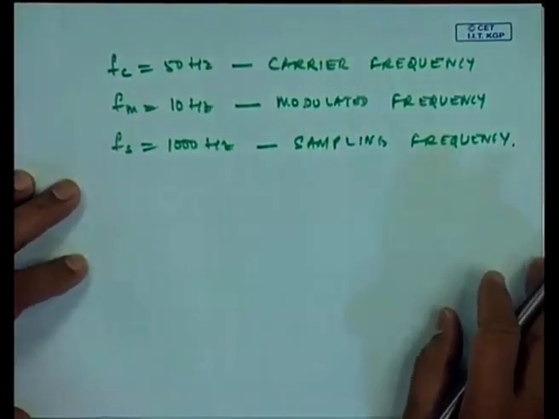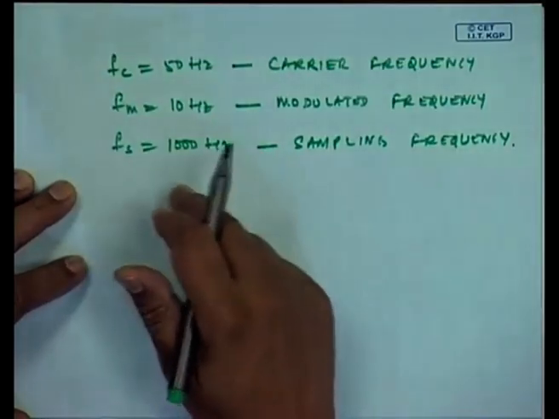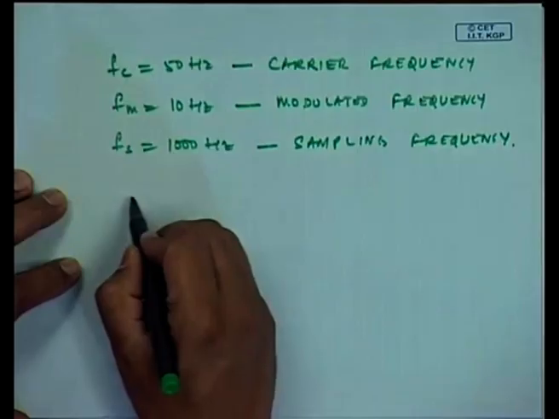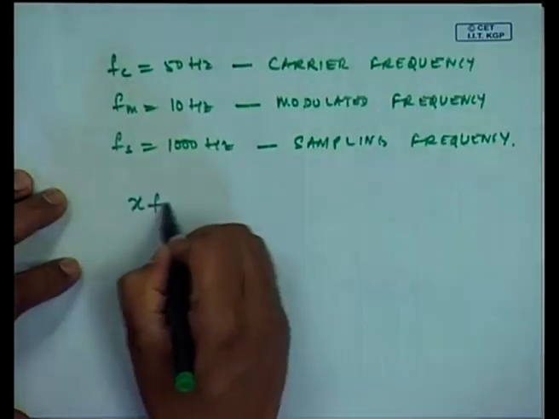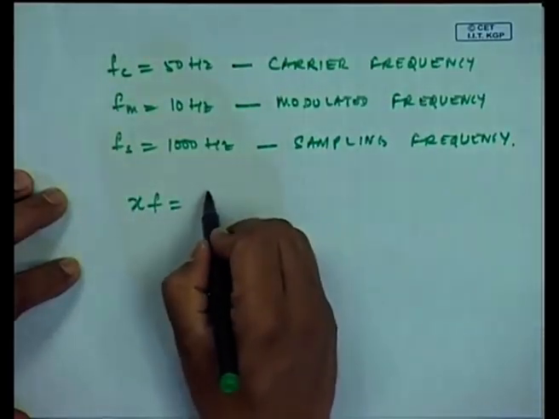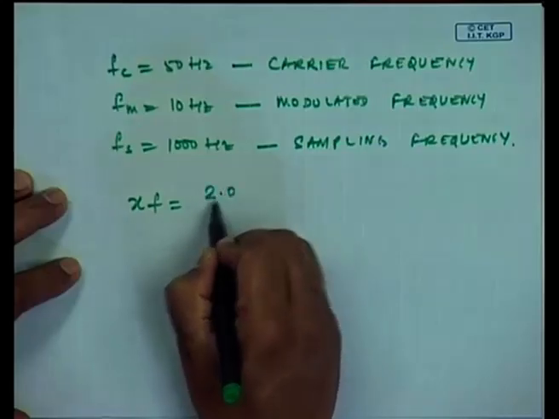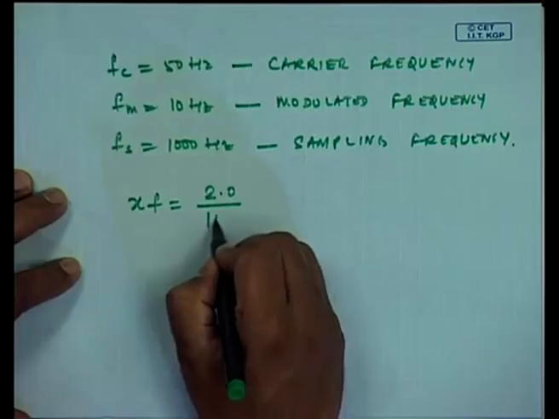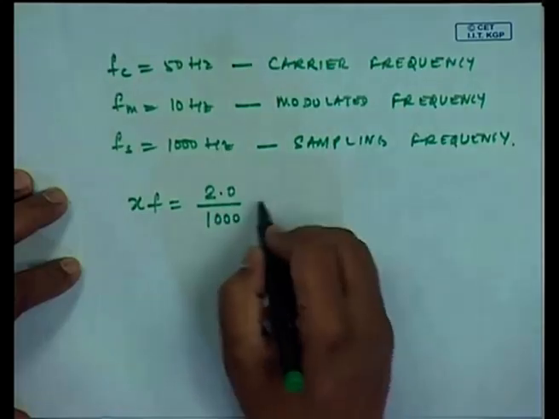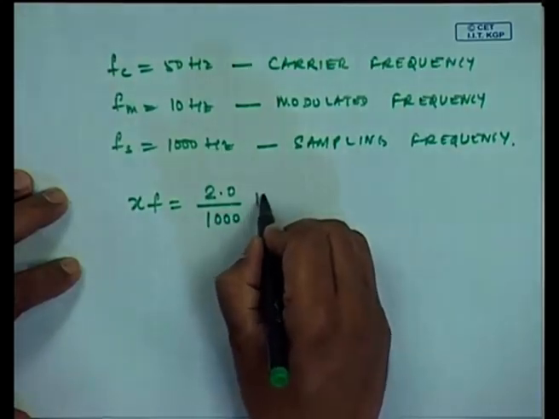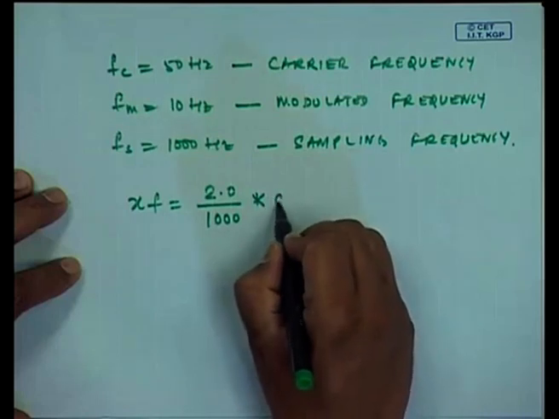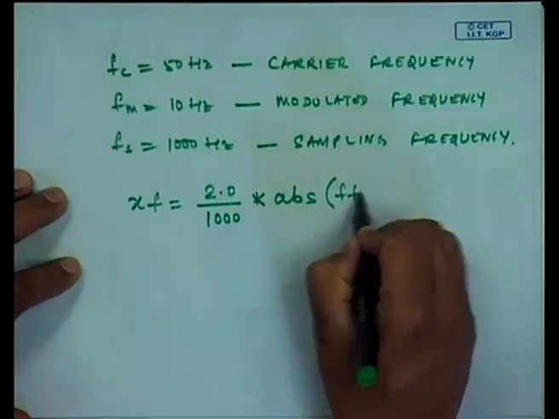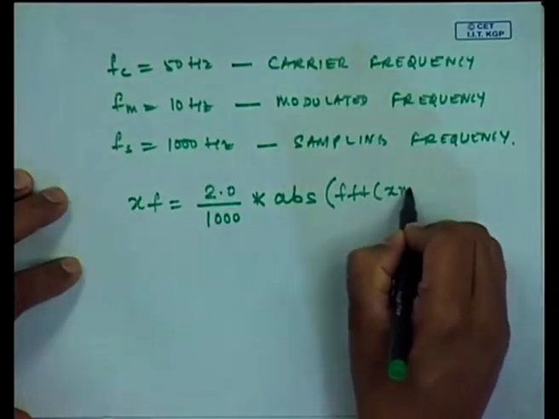Once you do the FFT of such a signal XM, how do you do that? Suppose you write XF is equal to 2.0 by, suppose you have taken 1000 data points, star absolute value of FFT of XM.